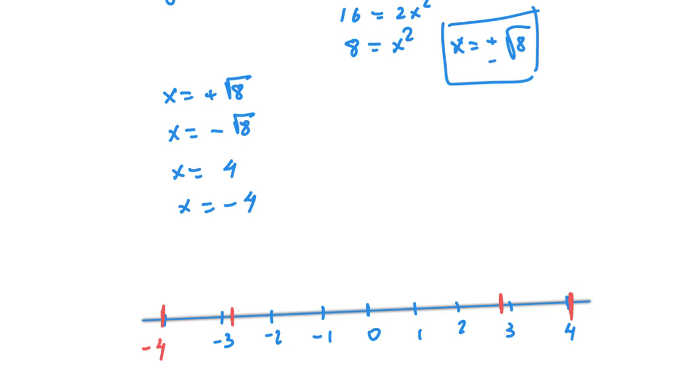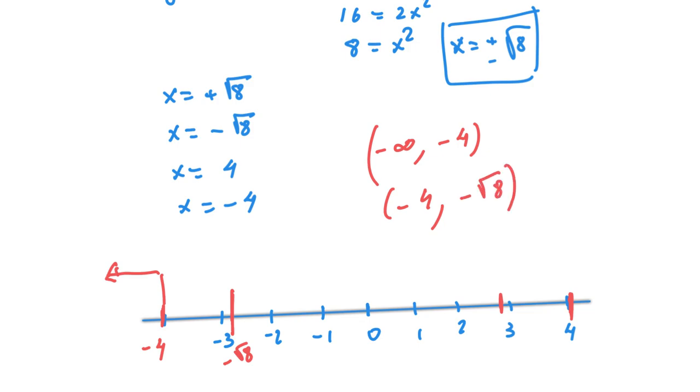How many intervals do we have? Well, we have this interval. We have the following interval: minus infinity, comma, minus 4. So this is the minus square root of 8. The other interval is minus 4, comma, minus square root of 8. The other interval, let's put a red line here.